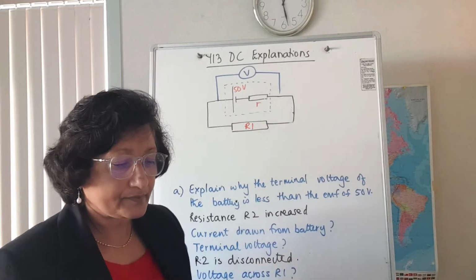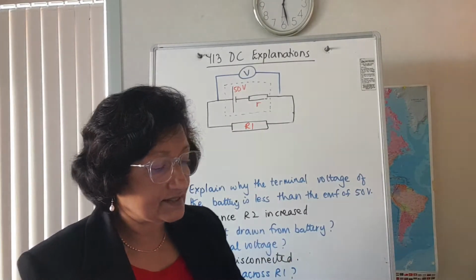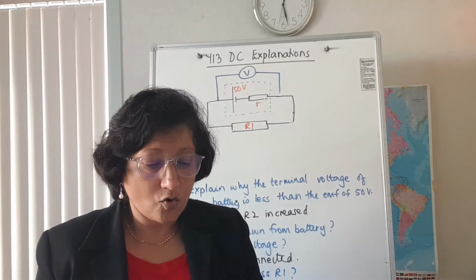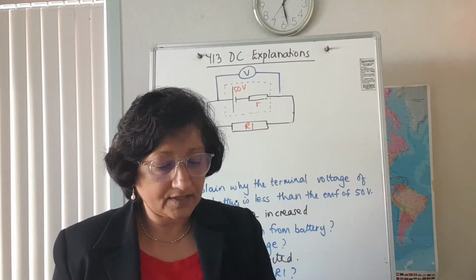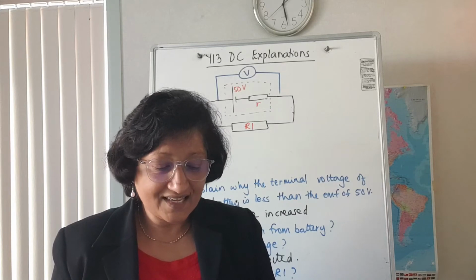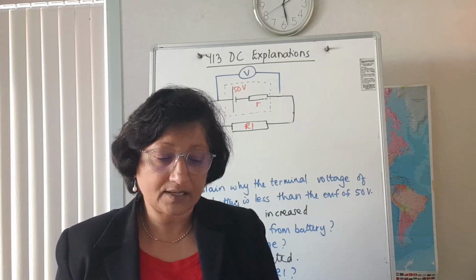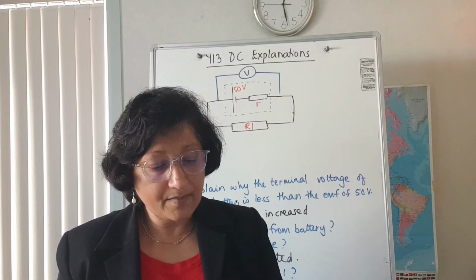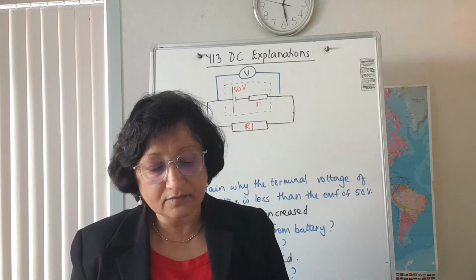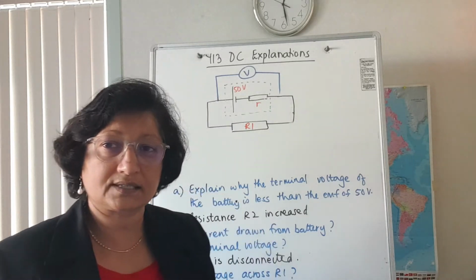Okay? And then it says, as the battery starts to get older and starts to run down, its internal resistance increases. Now question E is, explain how the terminal voltage of the rundown battery relates to the EMF of the battery when just the voltmeter is connected to its terminals.